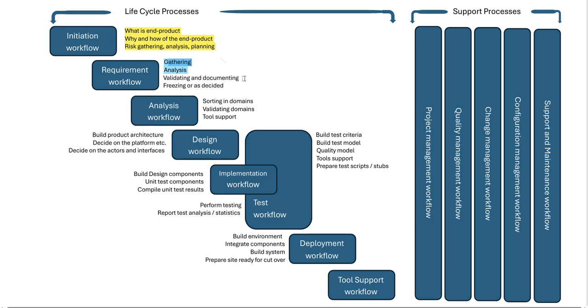Now the last step we have created, in the gathering we gathered the raw information, and then in the analysis we modeled it in a particular way, in a structured way. We structured the requirements. Now validating, we'll take the final list of requirements that we have created to the client. We'll validate with him, and we'll show him the requirements.